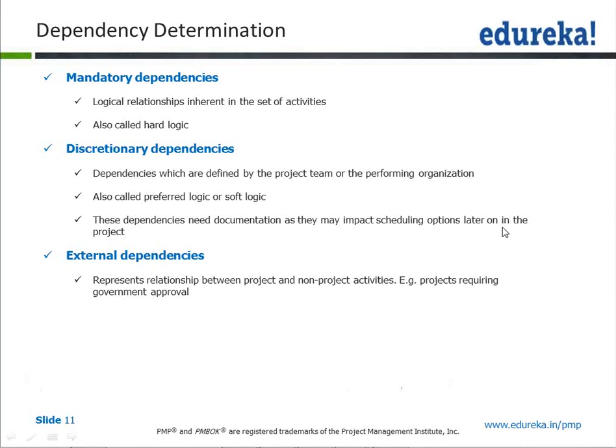That is an external dependency. And then you have discretionary dependency. Dependencies which are defined by the project team or performing organization, also called preferred logic or soft logic. These dependencies need documentation as they may impact scheduling options later on in the project.